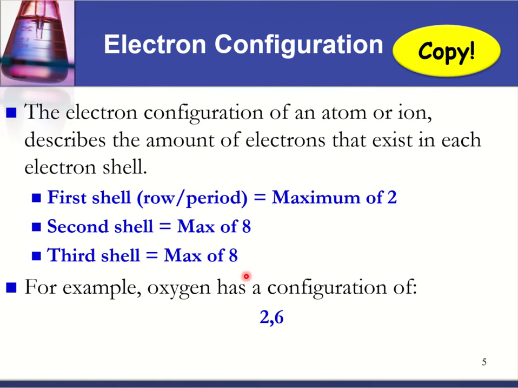If we actually look at the electron configuration of oxygen, it is 2 and 6. So what that means for oxygen here is that we can tell it's in row 2 and that it needs an additional 2 electrons for a full valence shell.